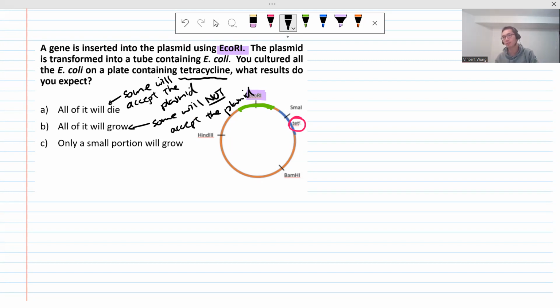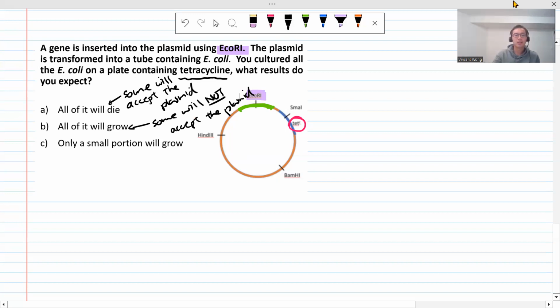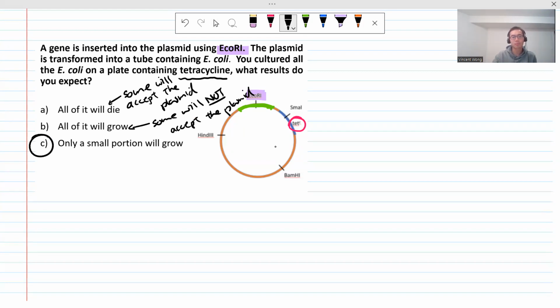They will have tetracycline resistance, so the antibiotic's not going to bother them. If they do not accept the plasmid, then the antibiotic will kill them. So, at the end, in the tube, there is a mix of both, and the answer is only a small portion will grow.